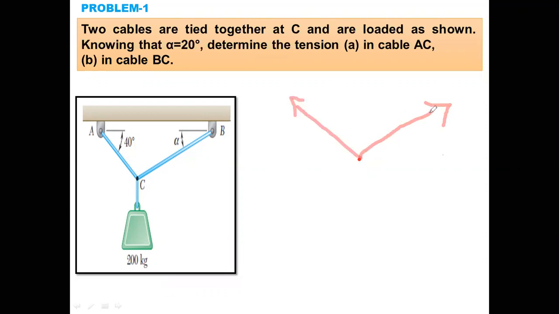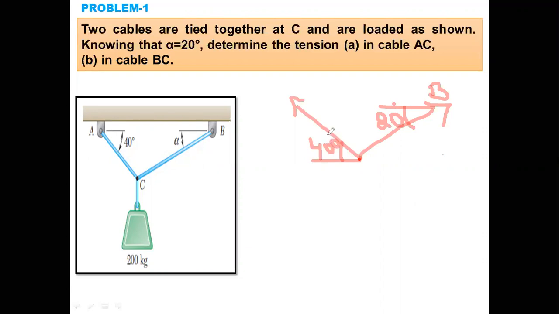The cable BC has been tied at point B, making an angle alpha, which is equal to 20 degrees with respect to the horizontal, as shown in the figure. In the same way, the cable AC is tied at point A with an angle of 40 degrees with respect to the horizontal.